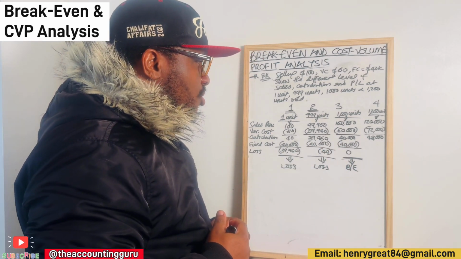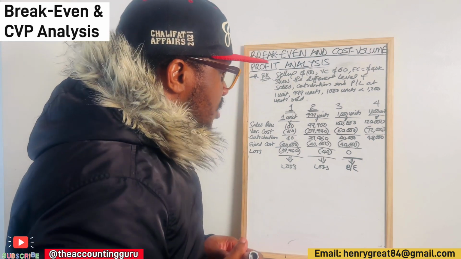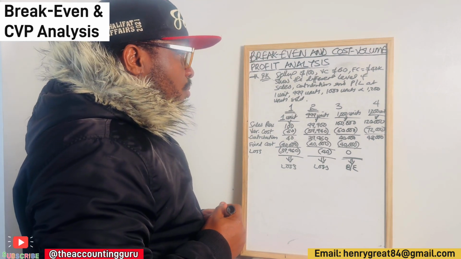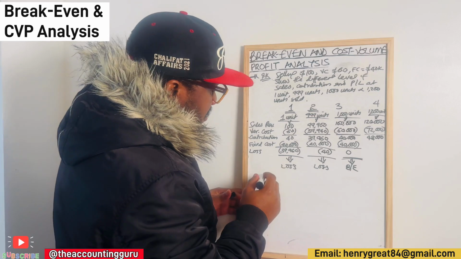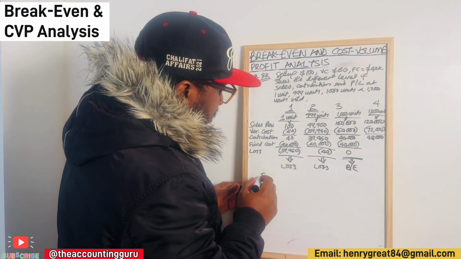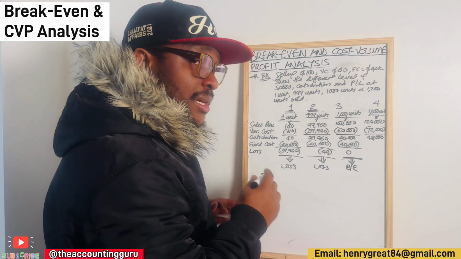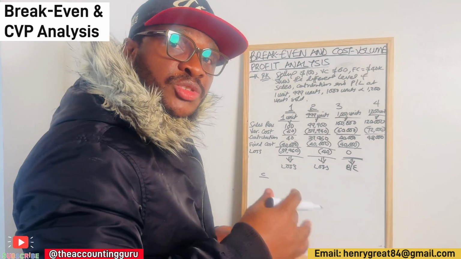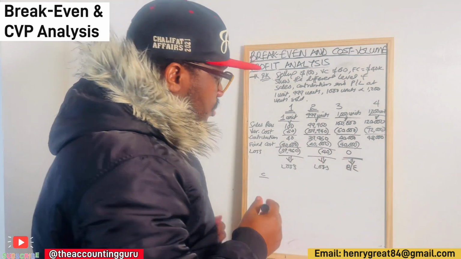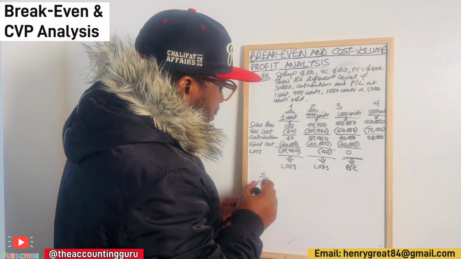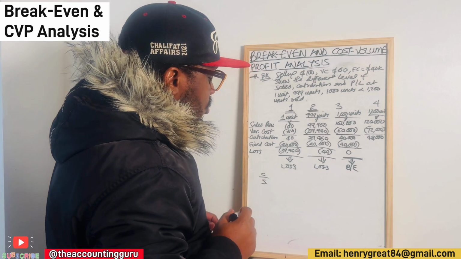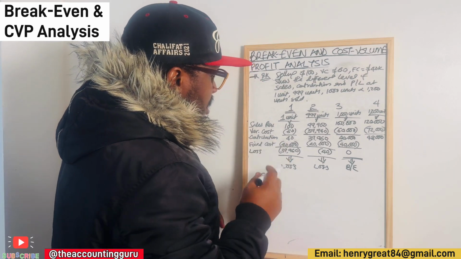And how do we demonstrate that? How is that true? Please do not forget that let's calculate CMR, or contribution to sales ratio, at each level of sale. How do you calculate it?